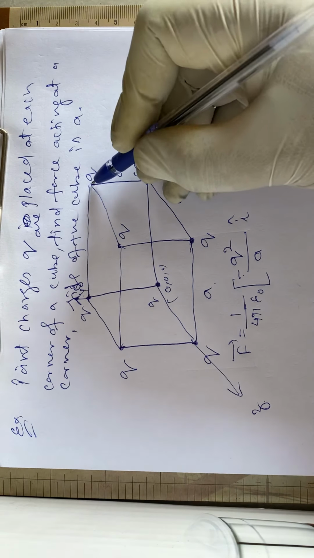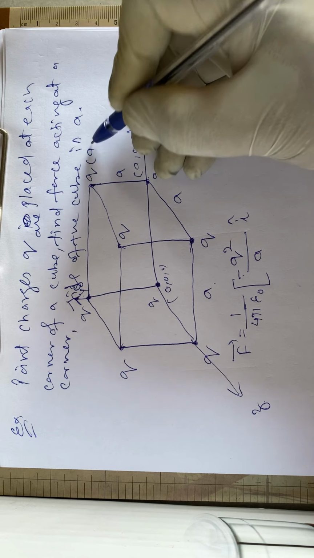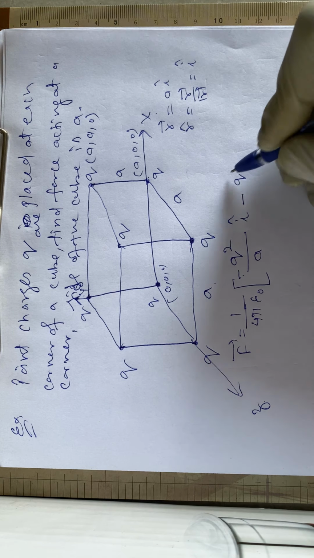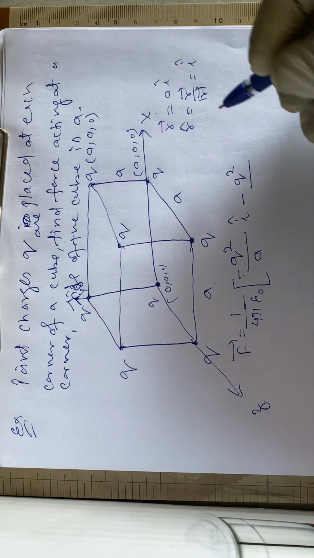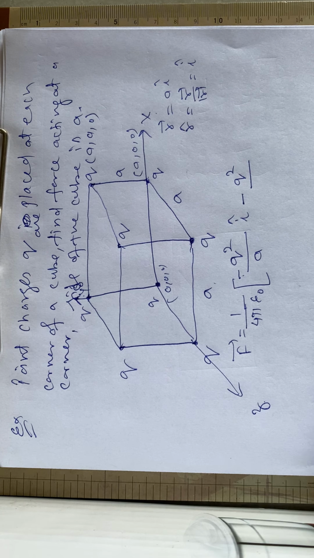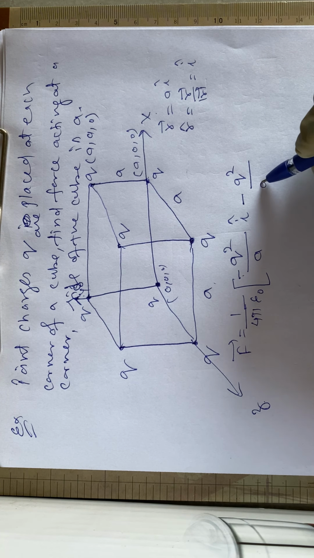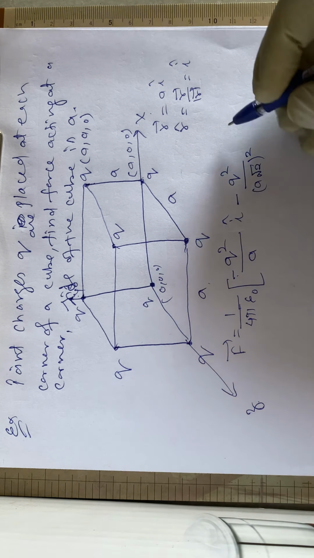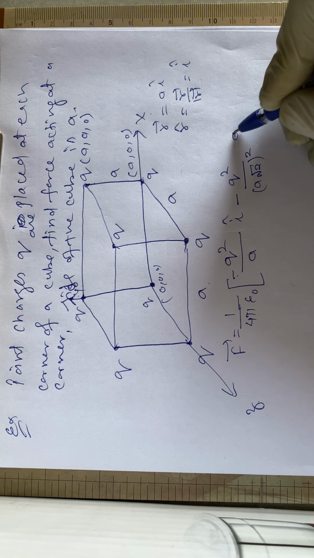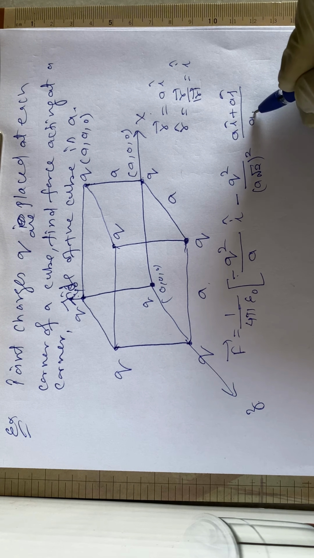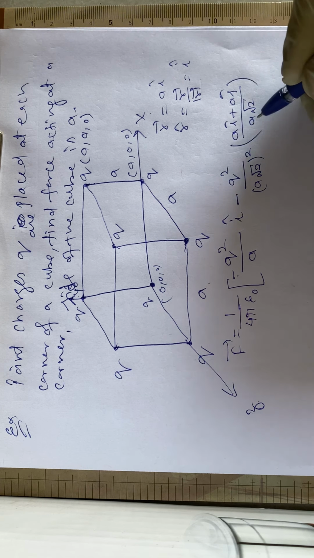Now take this charge, whose coordinate would be (A, A, 0). Again repulsive, q square. This vector would be A i cap plus A j cap, whose magnitude would be A root 2, and the unit vector would be A i cap plus A j cap upon A root 2.